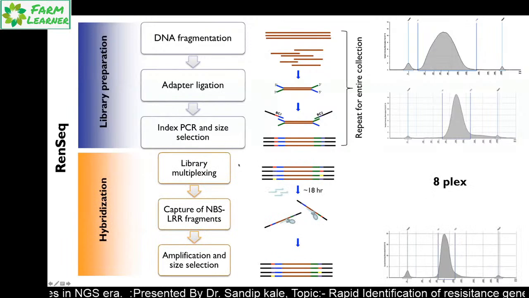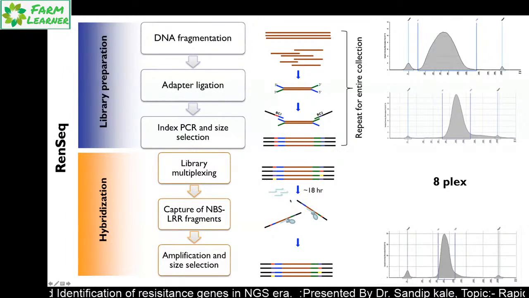Once you amplify the products, you can combine the DNA from different samples, and this is called library multiplexing. From this multiplexed library, you can capture the DNA fragments using biotinylated probes, and this can be captured using streptavidin-coated magnetic beads.